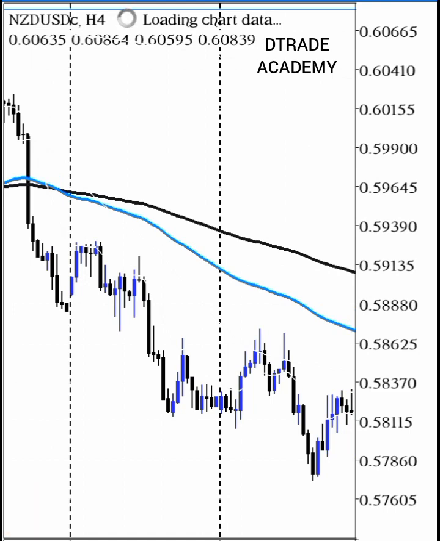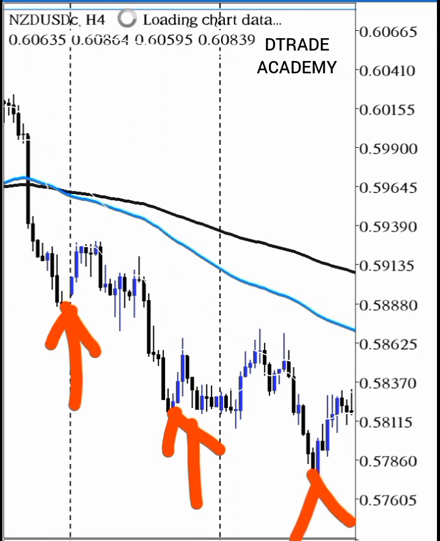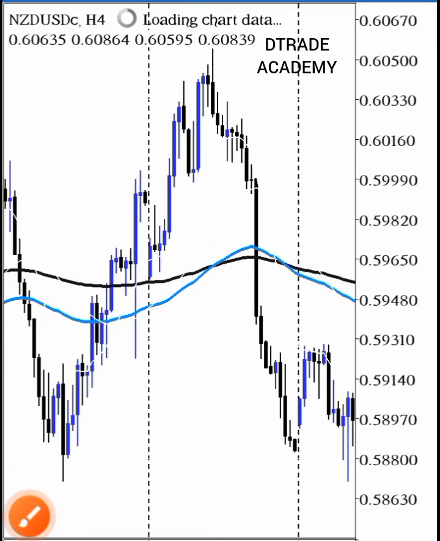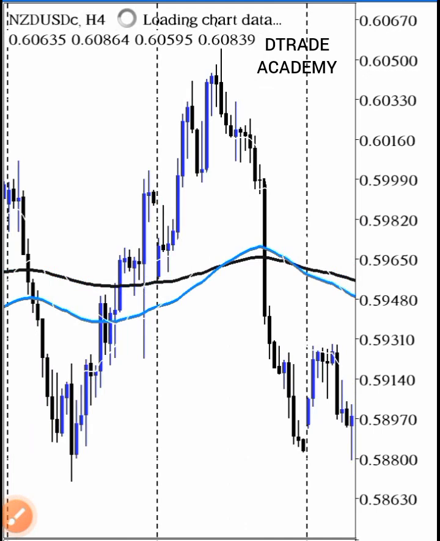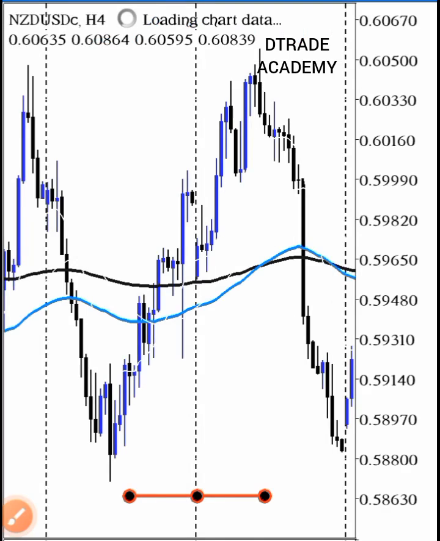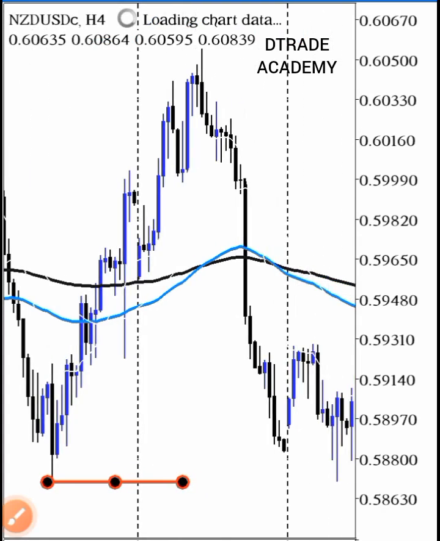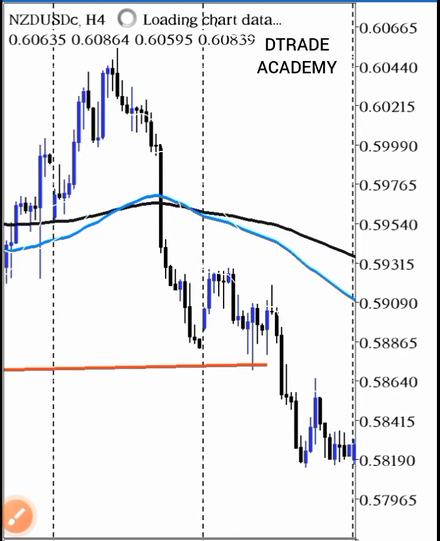Now for this downtrend, I said always make sure you mark the lows. So if the market is like this, we have a low, we have a low. Mark that low, then wait for price to break through.